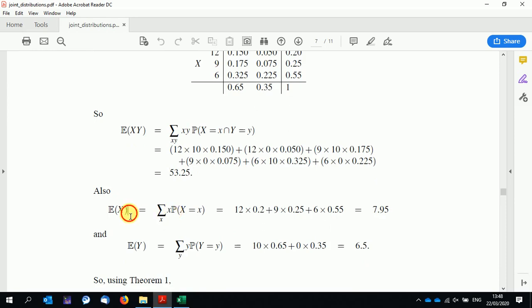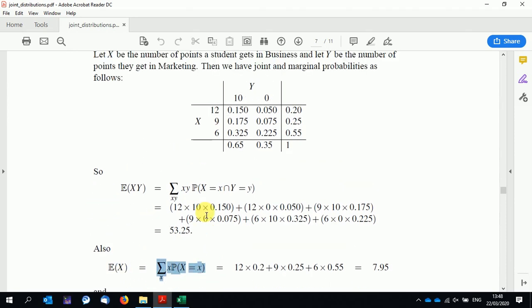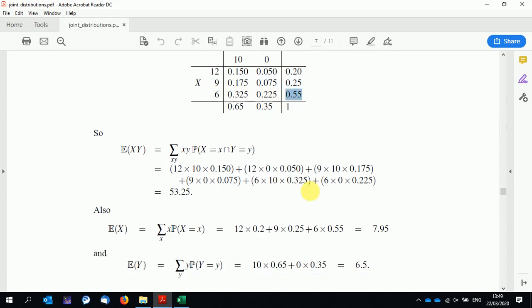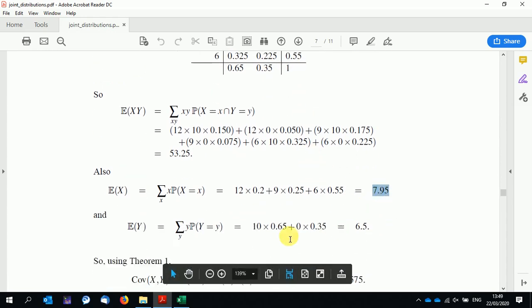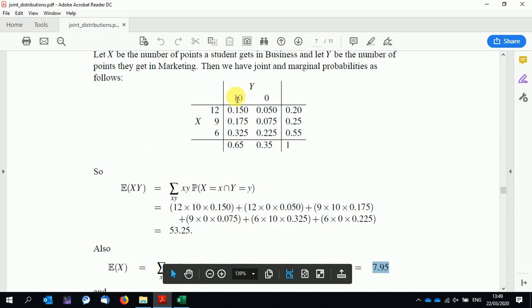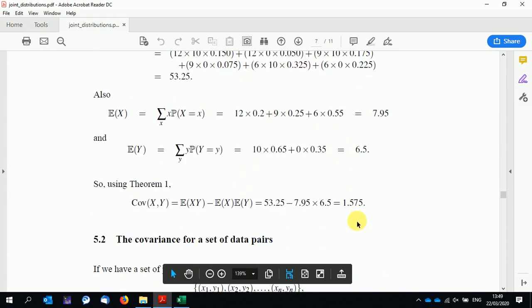With regards to expectation of x, you know this formula. Expectation of x would be 12 times 0.2 plus 9 times 0.25 plus 6 times 0.55, and that should be expectation of x. Similarly for expectation of y, quickly, 10 times this plus 0 times this one should give you expectation of y.